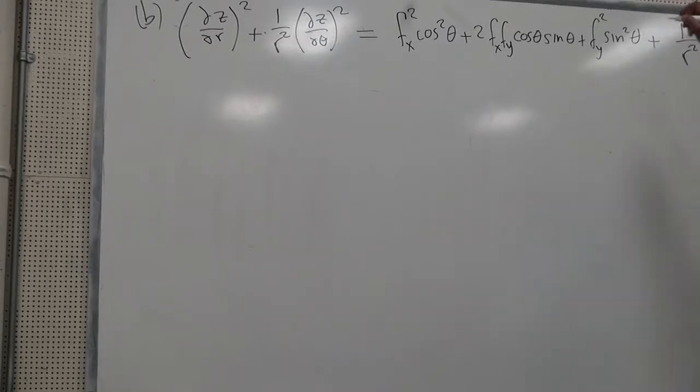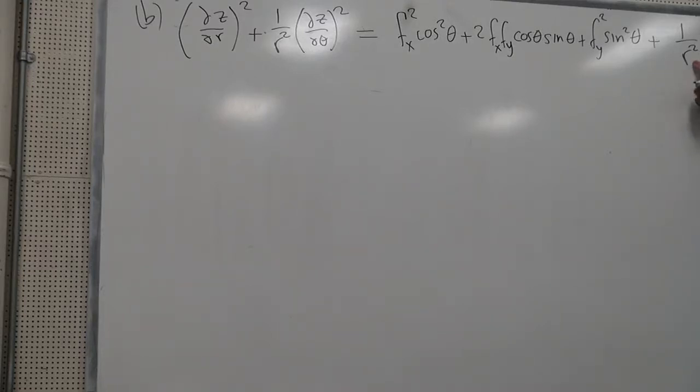And it's a minus now. Right. 2 fx fy cosine theta sine theta times the r squared, because we have r's attached to them, plus fy squared r squared cosine squared.